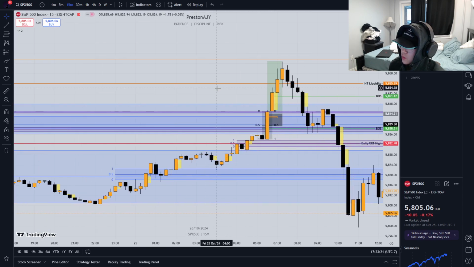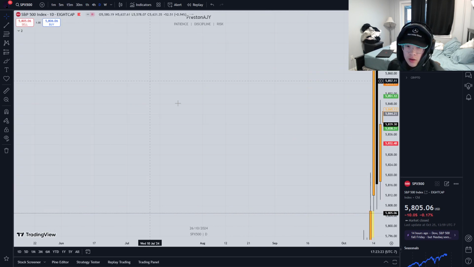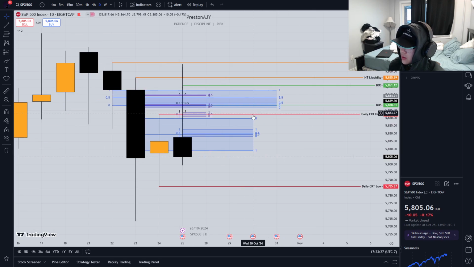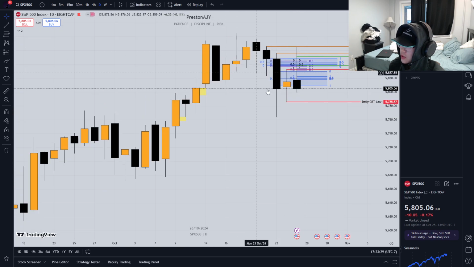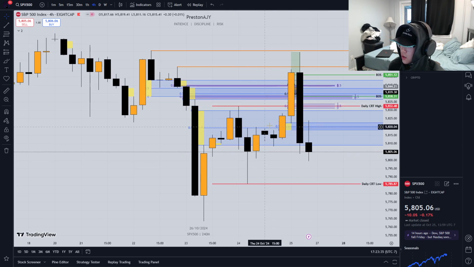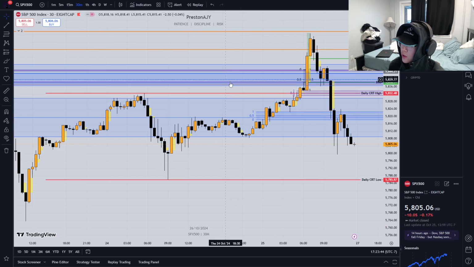Honestly, it was a pretty simple trade. I'll go on the daily first of all. The daily is not much, but as you can see, it's bearish because we broke structure to the downside. But on the 4 hour of Friday, we broke structure to the upside, and on the 1 hour and all the way down to the lower time frames.